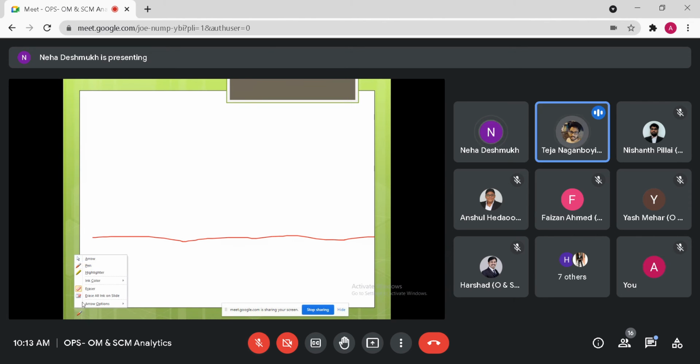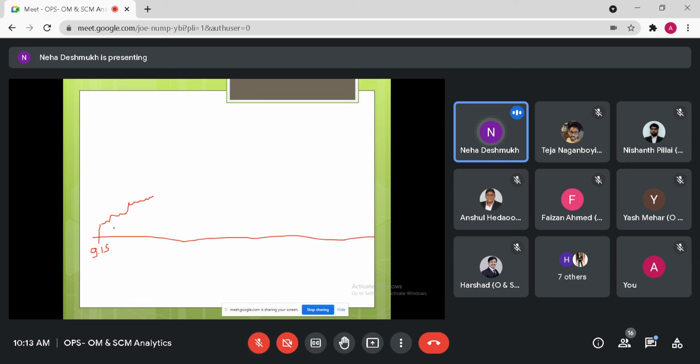There is only one direction, time. This is 9:15. The movement is something like this. I am getting very good volume here, and a good moving average also. One parameter is there which shows the variation or direction of variation.